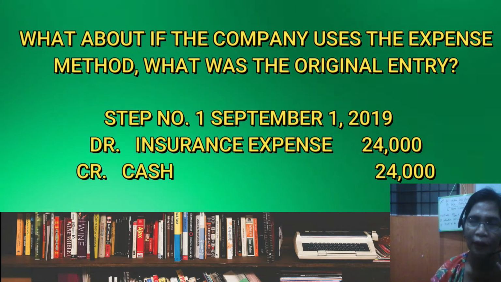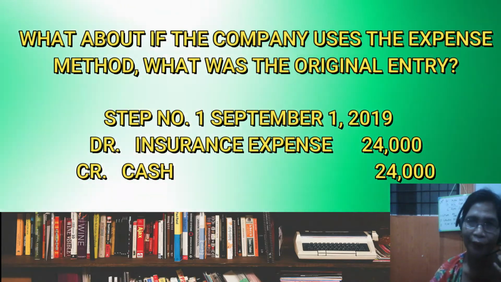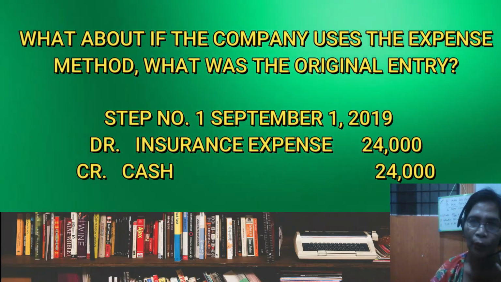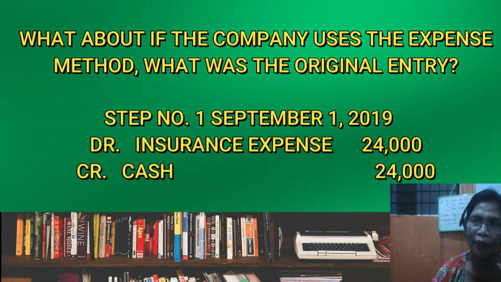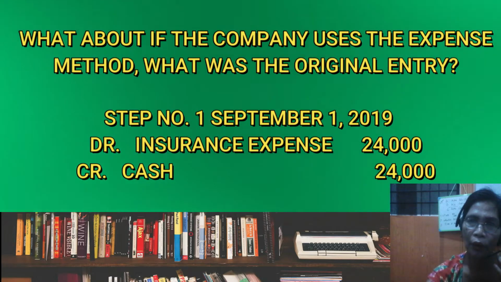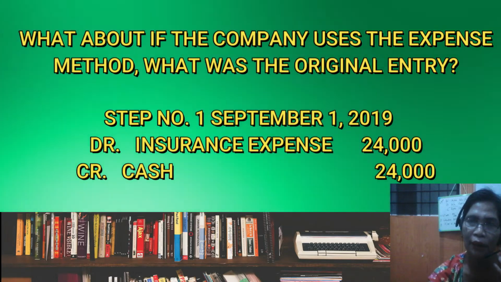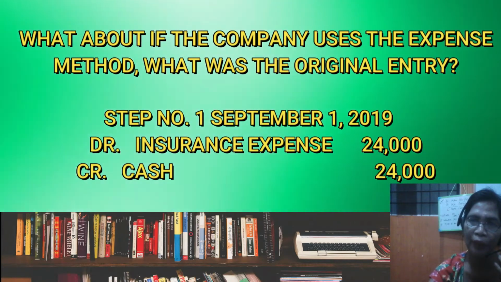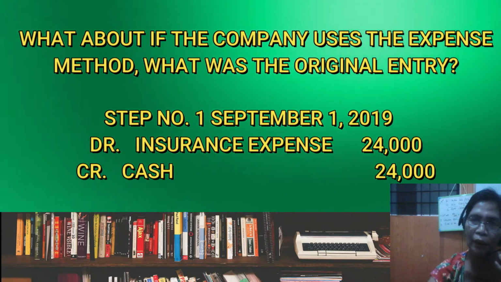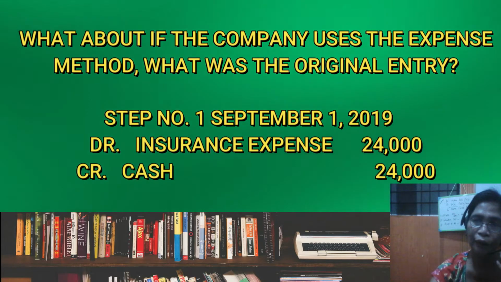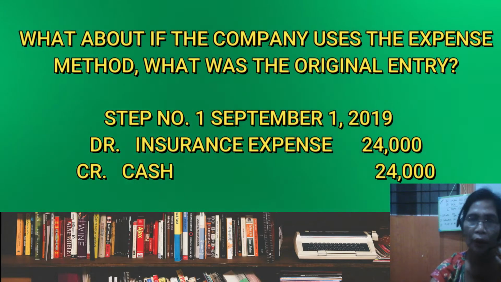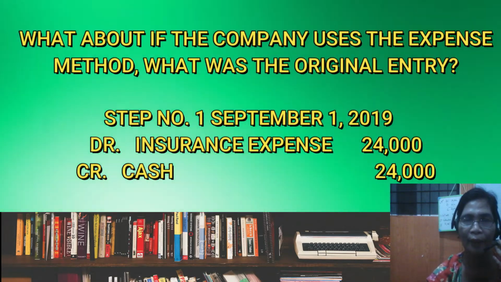We will start now with step one, the original entry. On September 1, 2019, instead of debiting prepaid insurance, the debit entry was insurance expense 24,000. So in this method, the company treated the advance payment as expense.